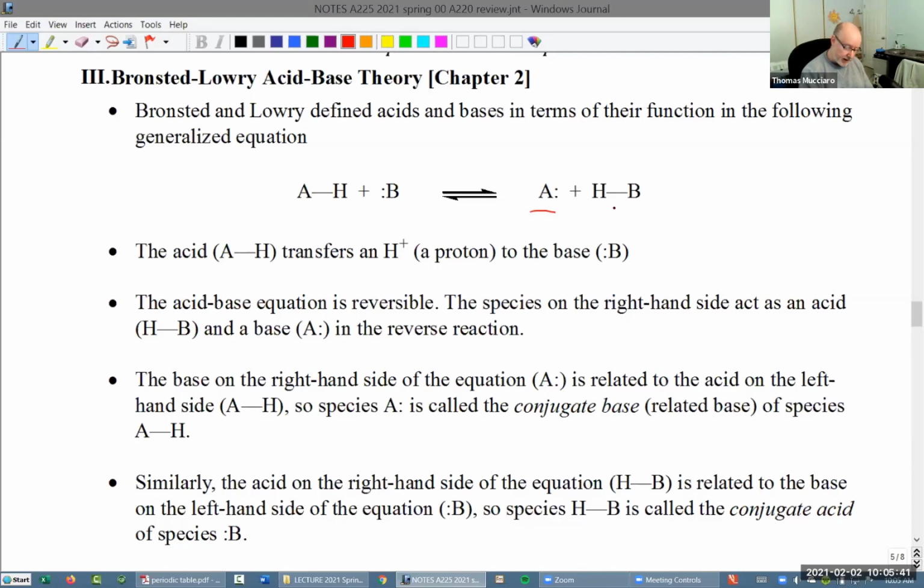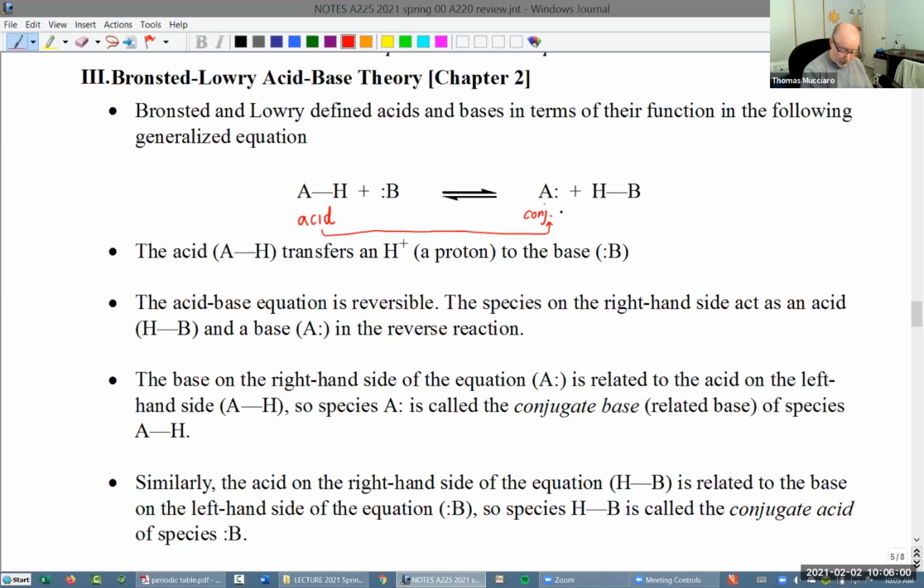And this species here, to get back, it's going to give away a hydrogen, which means it's going to be an acid. So what you had was you had an acid on one side, and then that acid would have a related base.